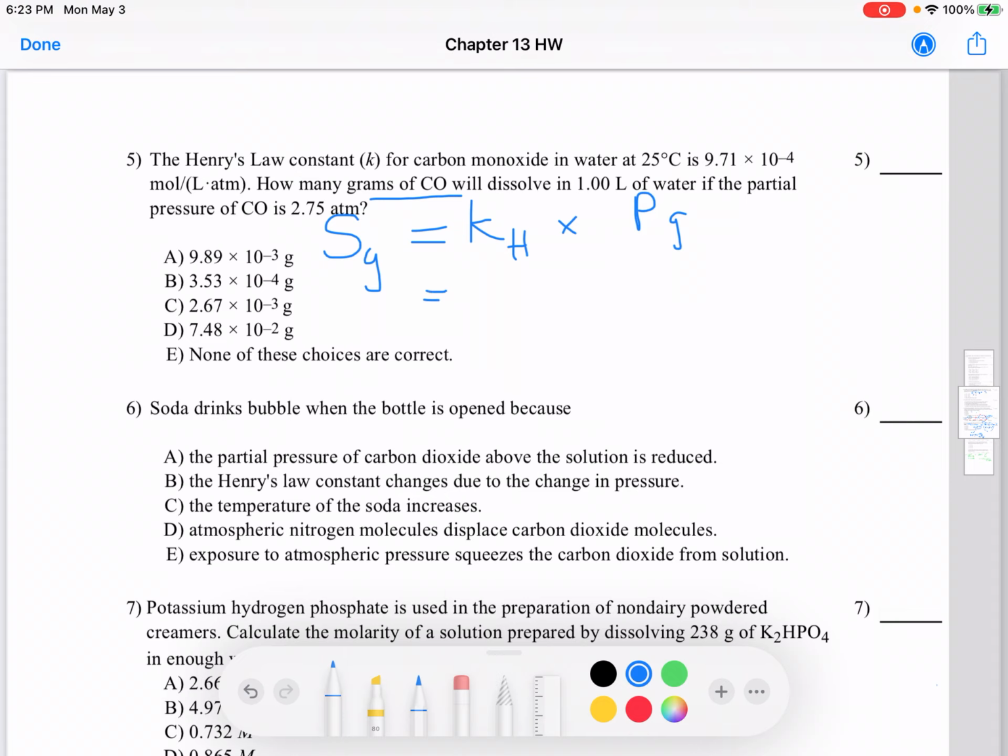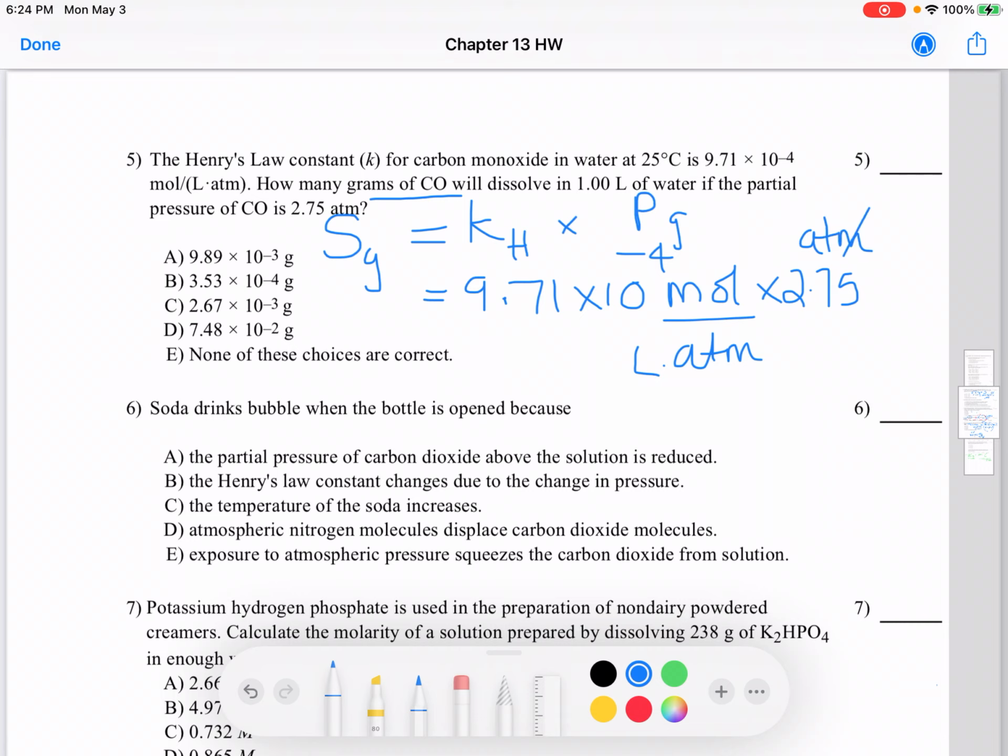So the Henry's constant is given as 9.71 times 10 to the negative 4. The units are moles per liter per atmosphere, and then the partial pressure is given as 2.75 atm. So atm will cancel.